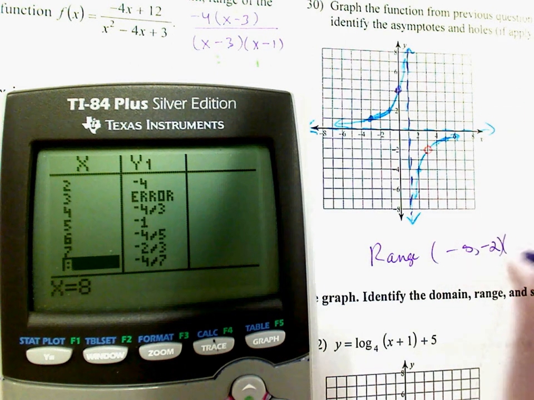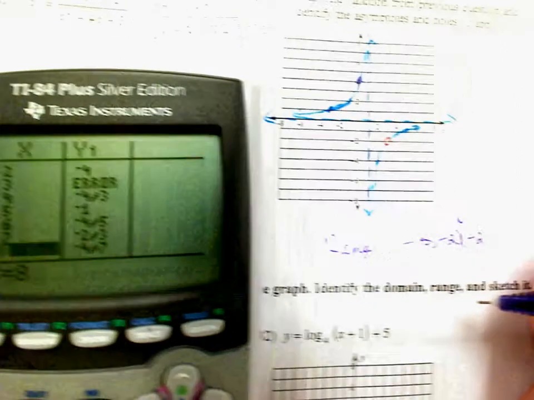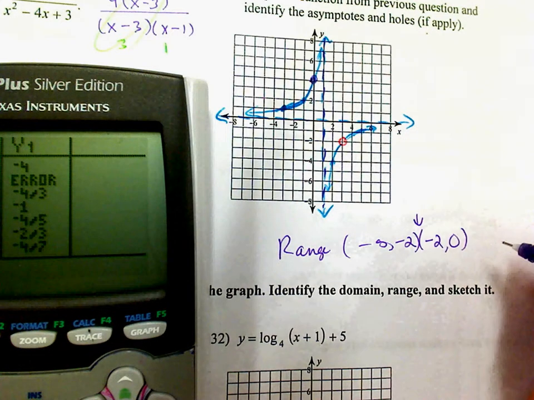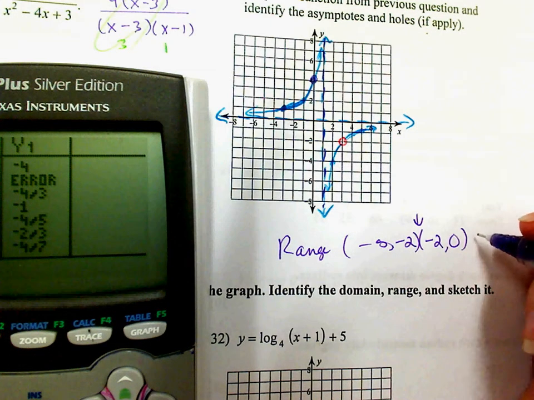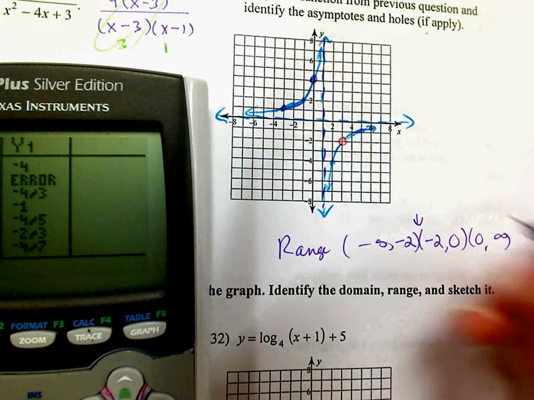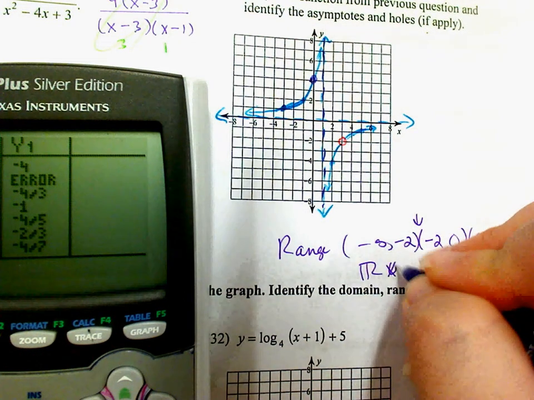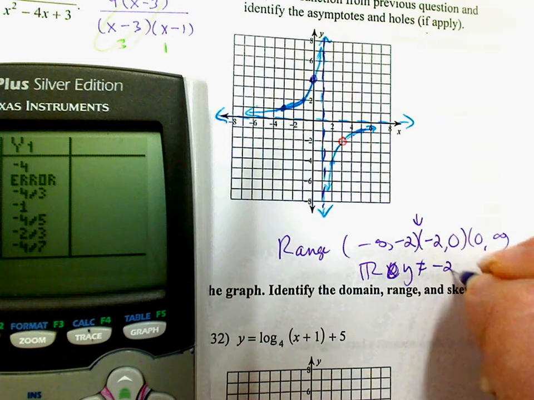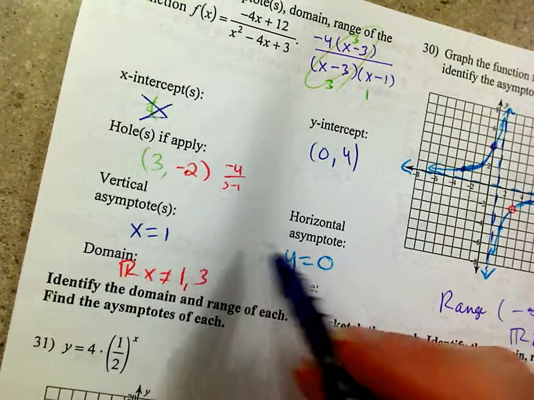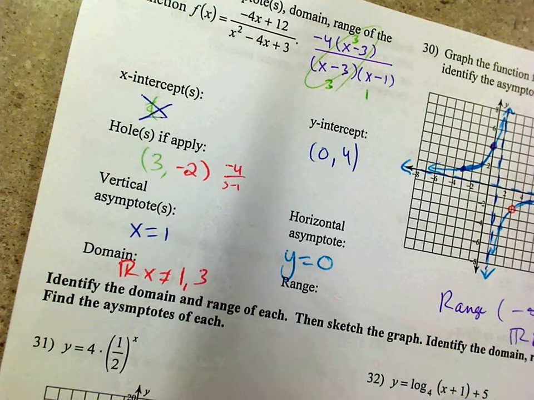And then I keep going up until the horizontal asymptote 0, so I close it off at 0, and then I pick back up at 0 on the other side, and I go all the way up to positive infinity. Now the other option is all real numbers, just y cannot equal negative 2 and 0. So that's the horizontal asymptote and the y value of the hole. That doesn't have to be true. You can cross the horizontal asymptote, just in this case we don't. Okay.